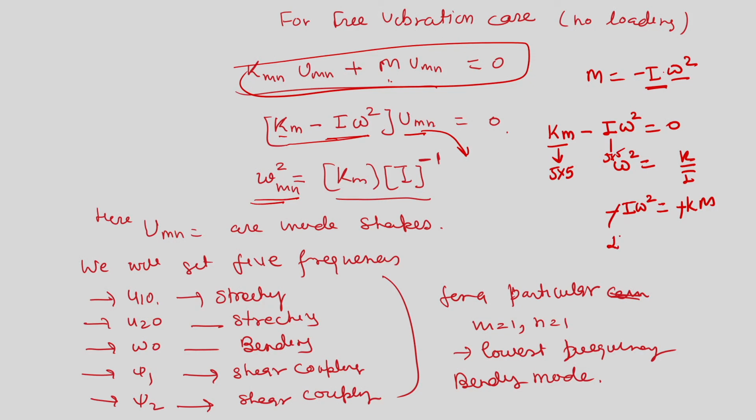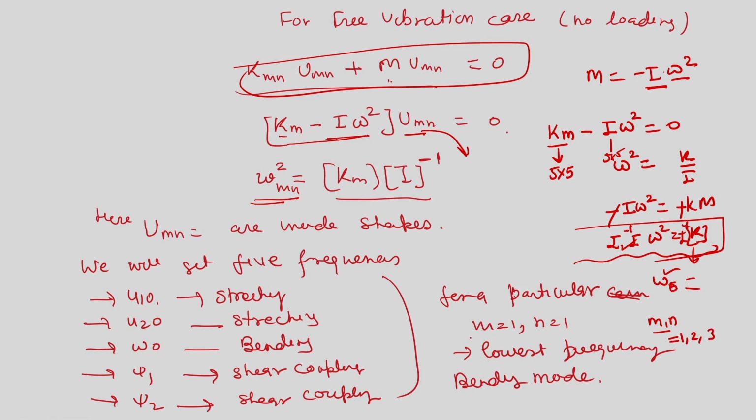If I multiply with I inverse, I omega square becomes identity, and in this way 5 different values of omega can be obtained at a time for a particular combination of m and n. Here m and n are Fourier numbers that may vary from 1, 2, 3, and so on.